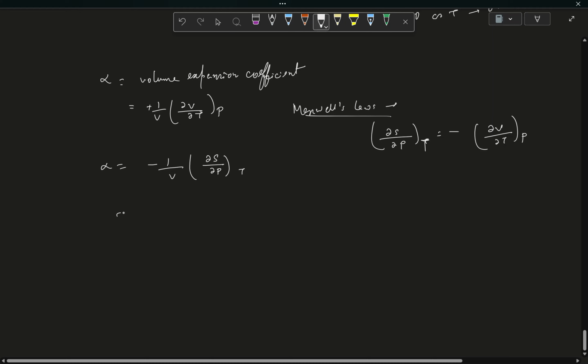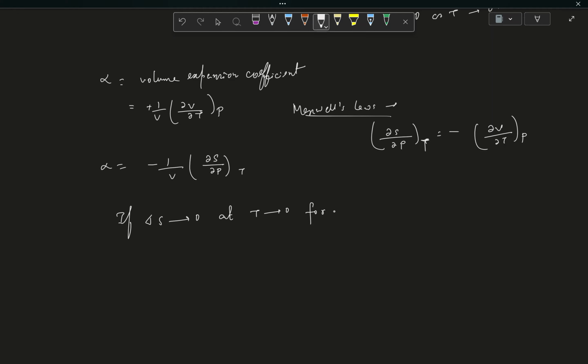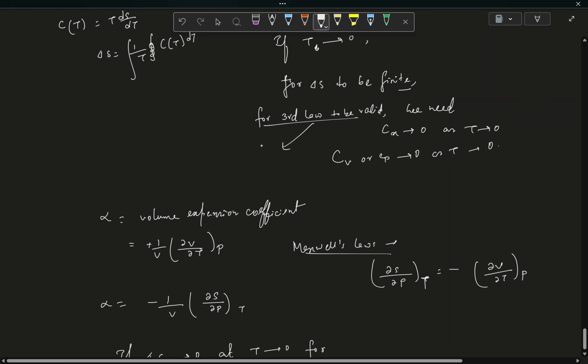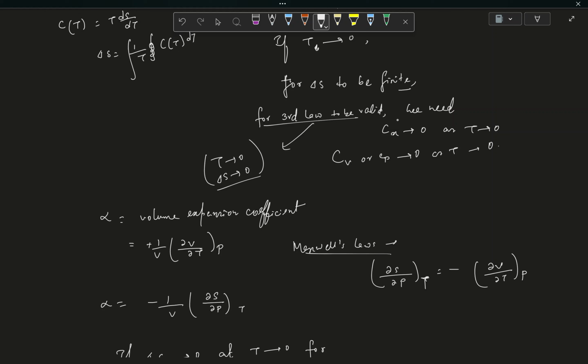So if delta S tends to 0 at T tends to 0, because the third law of thermodynamics tells you that at absolute 0 temperature the entropy difference will also tend to 0, that means it should not be diverging, and for that we needed C to also tend to 0 as T tends to 0.